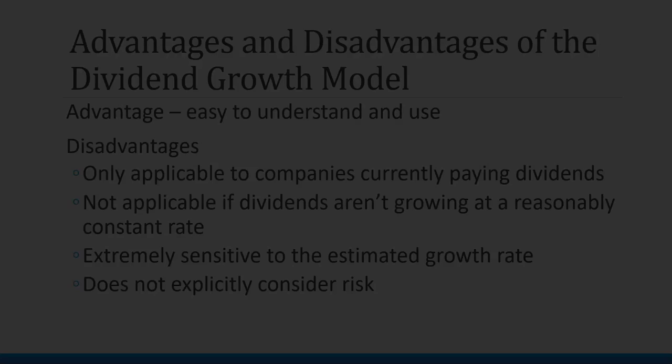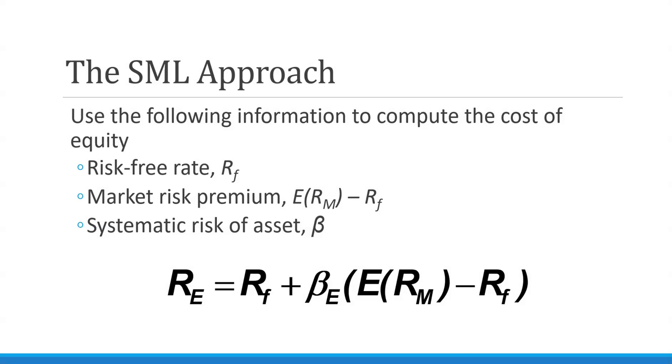The next method that we're going to look at is the security market line formula. So the security market line formula operates under the assumptions that equity risk is part of the risk-free rate, the market risk premium, and the systematic risk of an asset known as the beta coefficient.